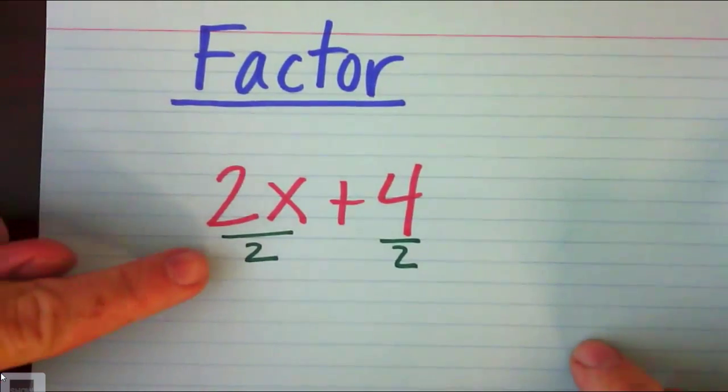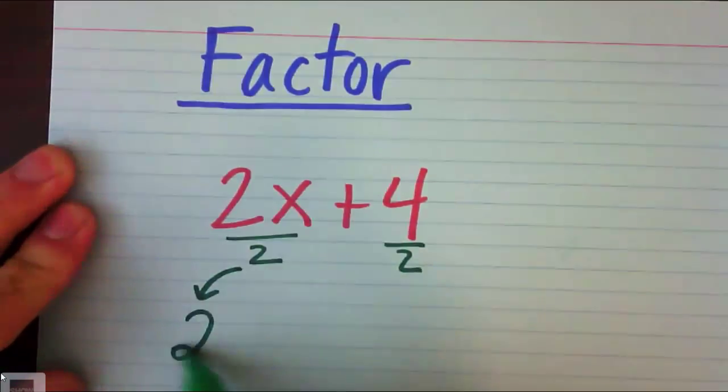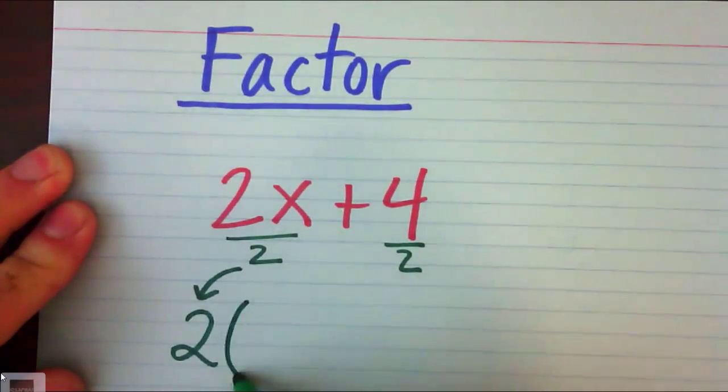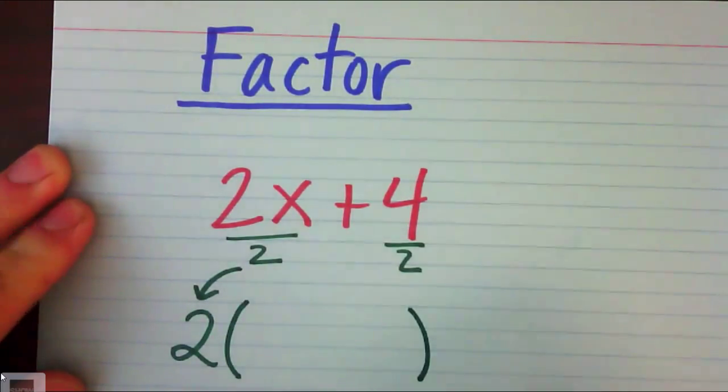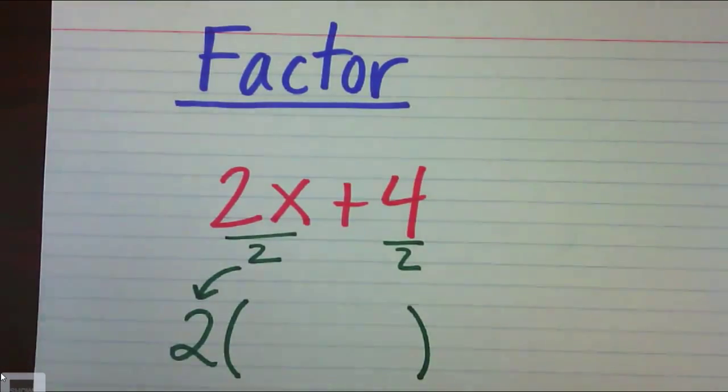So whatever I'm able to divide by, I'm going to take that and put it outside the parentheses. Because if you look at note card 11, it says when factoring we create multiplication. Well, we do. We have 2 times some parentheses right here. And the second part of note card number 11 says it creates multiplication, which in turn creates parentheses.